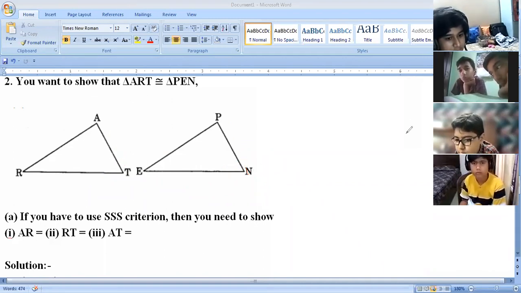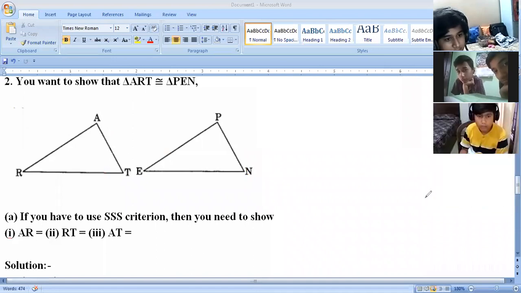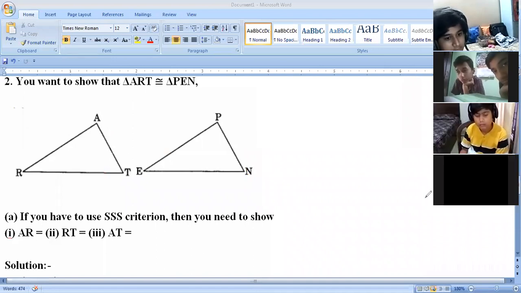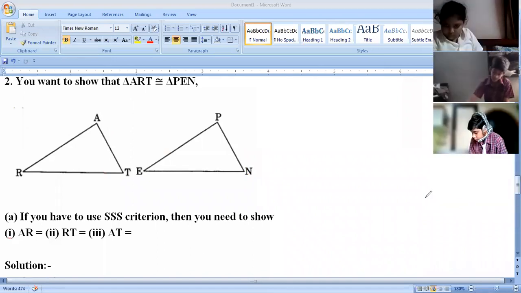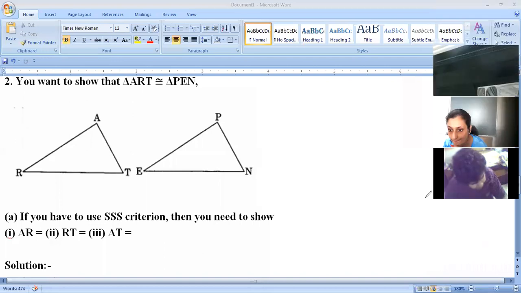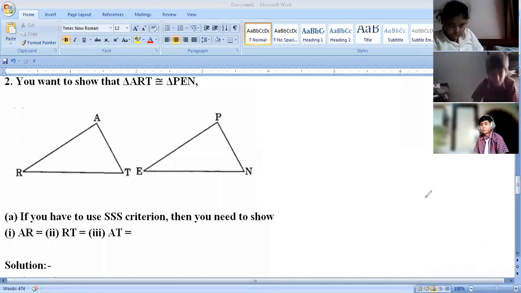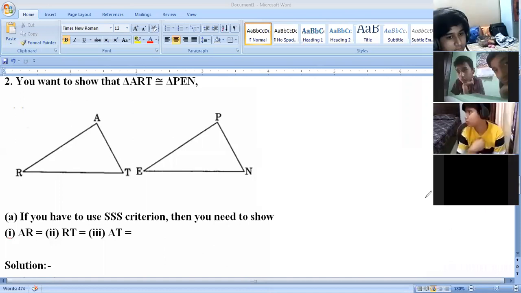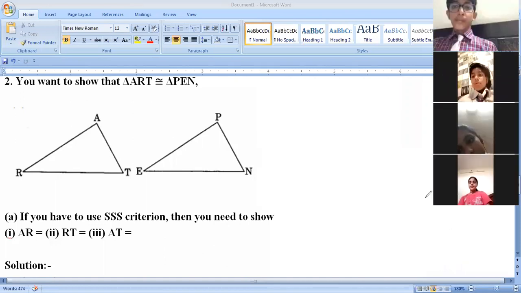Clear now? Arav, read the next part. Arav Sharma. Gia, read the next part.